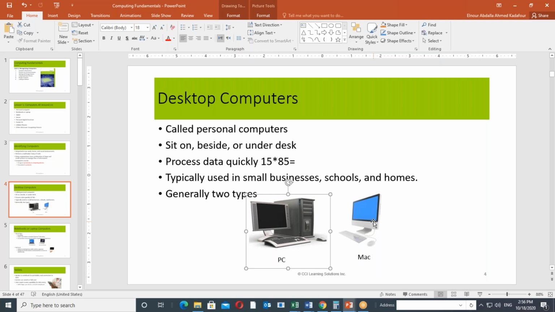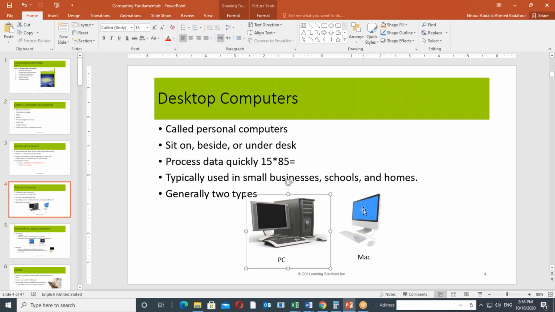Keep in mind, I will ask such a question. Each type of these systems has its own software. What do you mean by that? The software for a PC cannot be used on, or is not suitable for, a Mac computer.